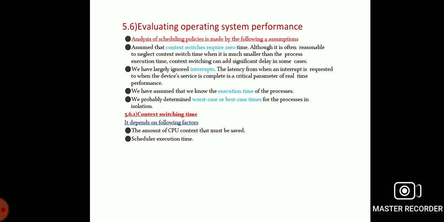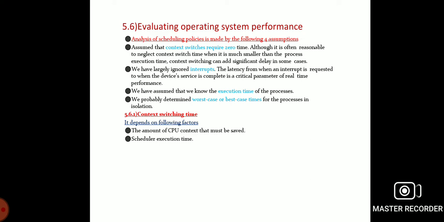The first one is that we assume context switching requires zero time, although it is often reasonable to neglect the context switch time when it is much smaller than the process execution time. The context switching can add significant delay in some cases. We have also largely ignored interrupts.